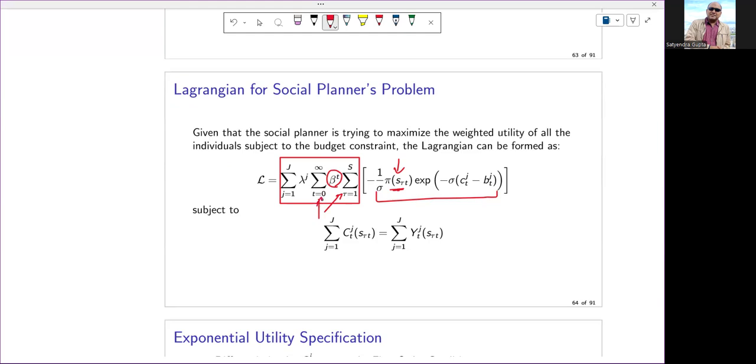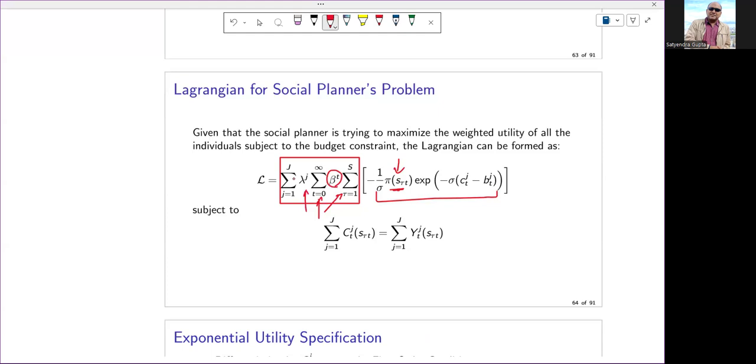Then look at the second summation, from t equal to 0 to infinity. So this is an infinite lived agent. We are summing for each individual over all the time periods that are possible. Then for each individual, we are giving some weight delta j that will go from j equal to 1 to J. So if there are capital J individuals, for each individual we go from time period 0 to infinity, and in each time period there are capital S possible states.